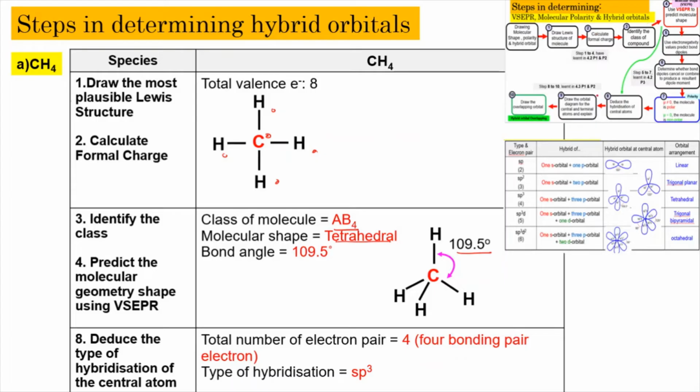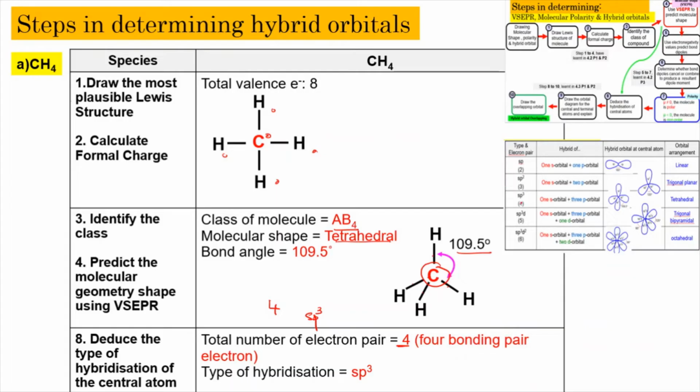And then for step number 8 here, you need to deduce the type of hybridization that occurs at the central atom. We only focus on the central atom for the hybrid orbital. Since our central atom has 1, 2, 3, 4, it means that we have 4 bonding pair electrons. And since we have 4, it means that we have sp3 hybridization.